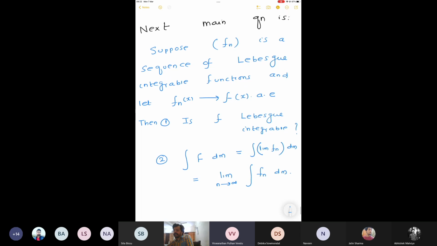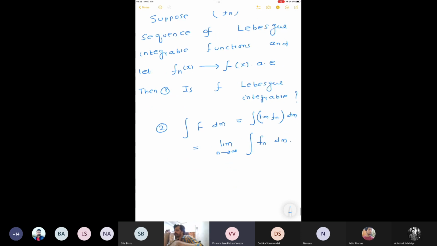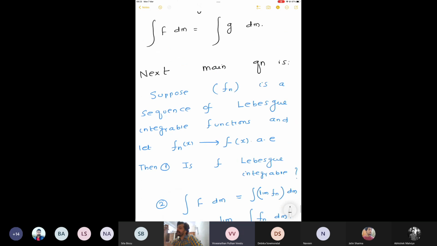So we don't want to deal with f_n(x) converging to f(x) for all x pointwise. It is enough to have almost everywhere. The question is whether the limit function is integrable, and if it is, whether the integral of the limit is the same as the limit of the integral. This is the question we asked in Riemann, and we have seen that in Riemann this is not true. That is the reason why we went for another kind of integral, for instance the Lebesgue integral. So obviously we should expect that the Lebesgue integral satisfies these conditions.